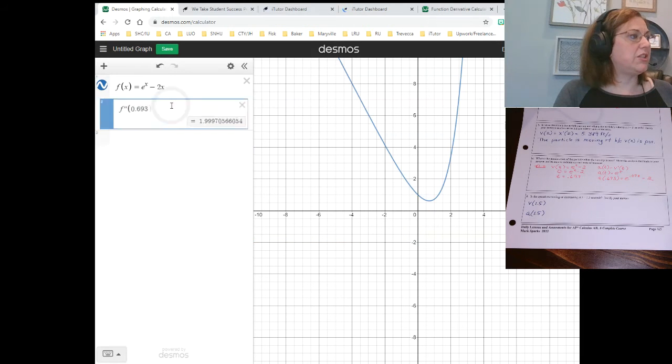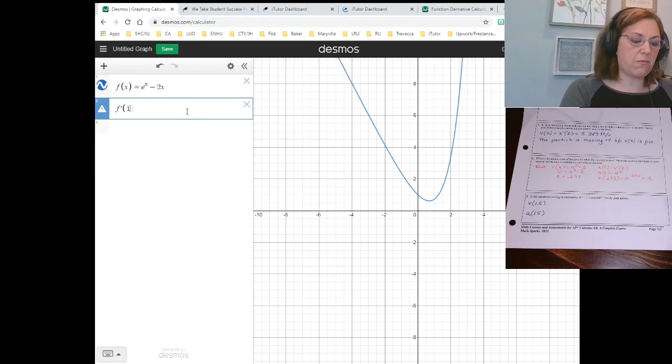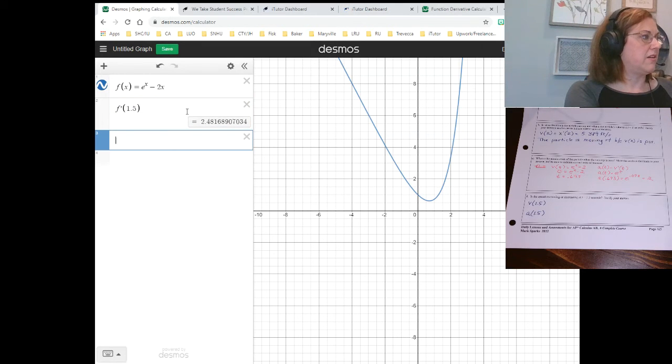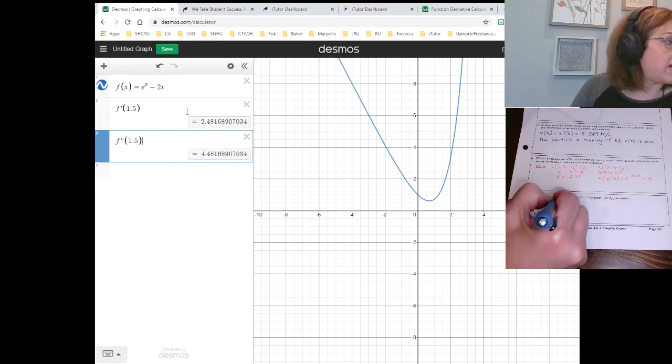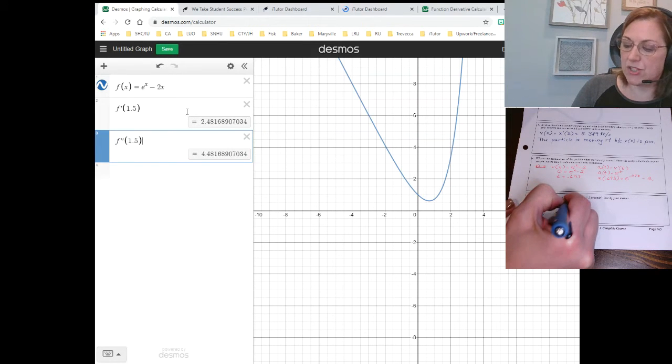I'm going to delete these two, and I'm just going to ask it for the velocity at 1.5 and the acceleration at 1.5. So my velocity at 1.5 is 2.482. My acceleration is 4.482.